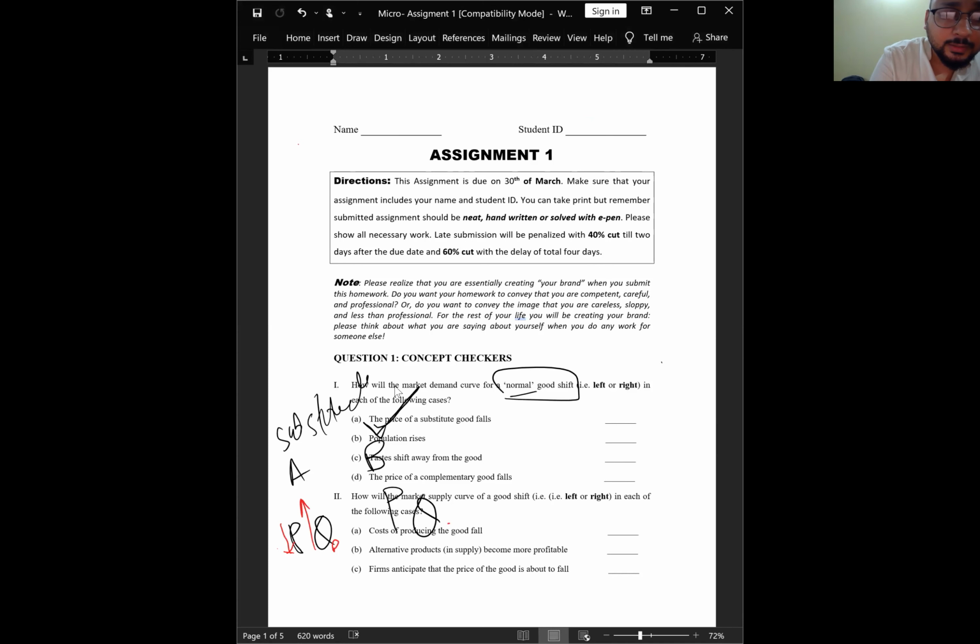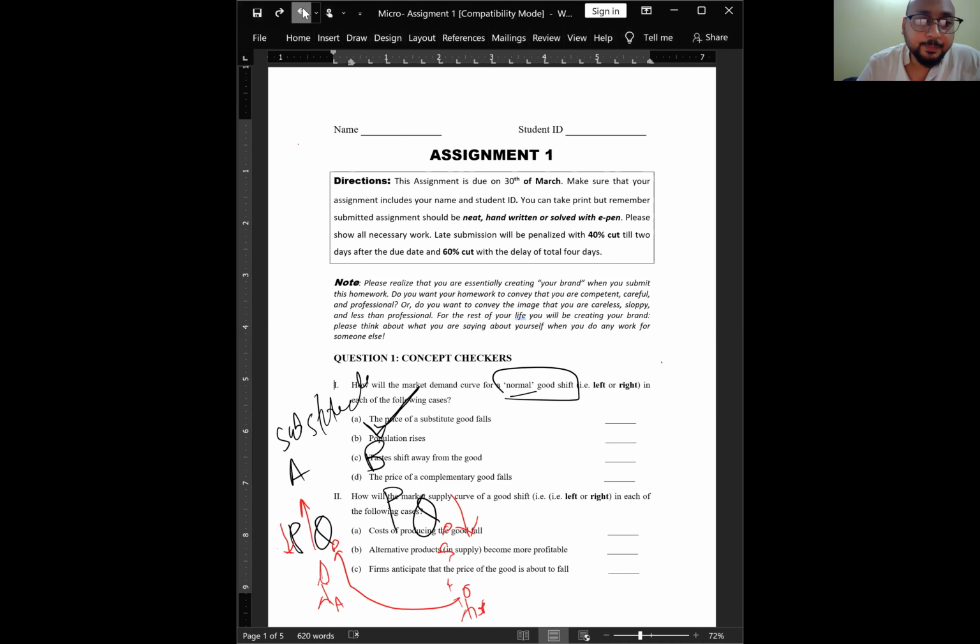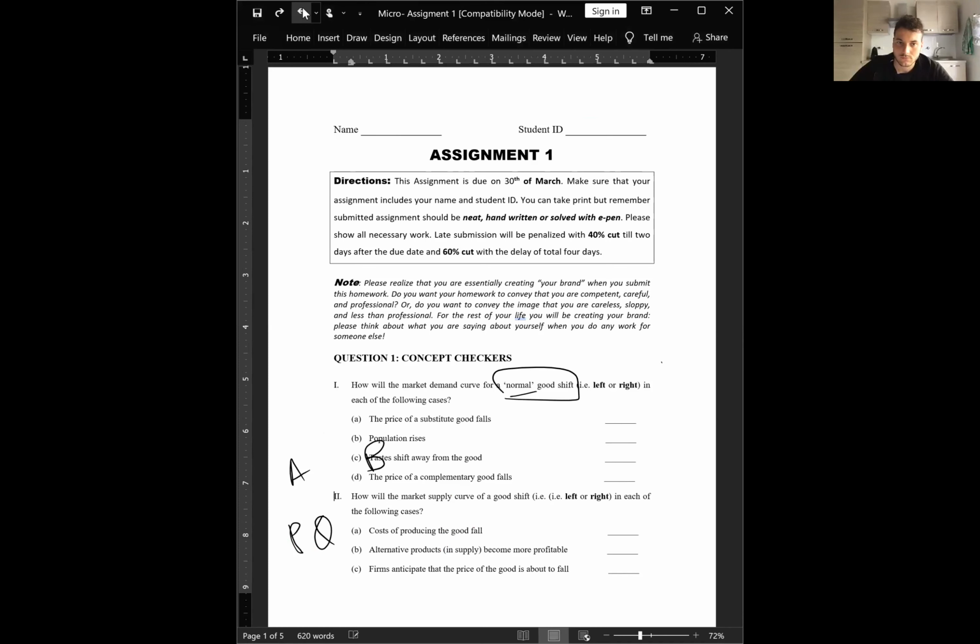So it means customers of product B will shift to product A. So its demand decreases. Right, guys? So its demand curve shifts to the left. Understand? Aaron and Mirko? Yes. Gustavo, PD? Yes. Good.